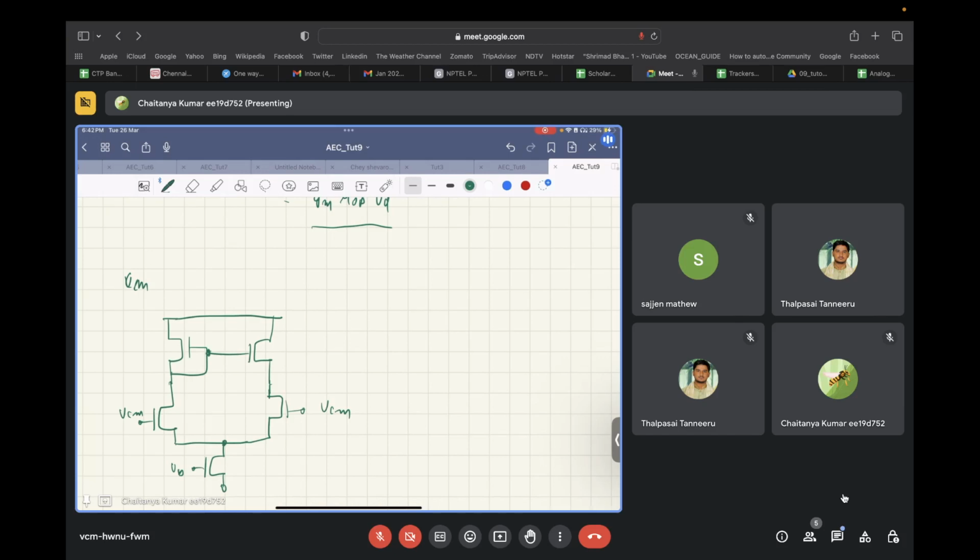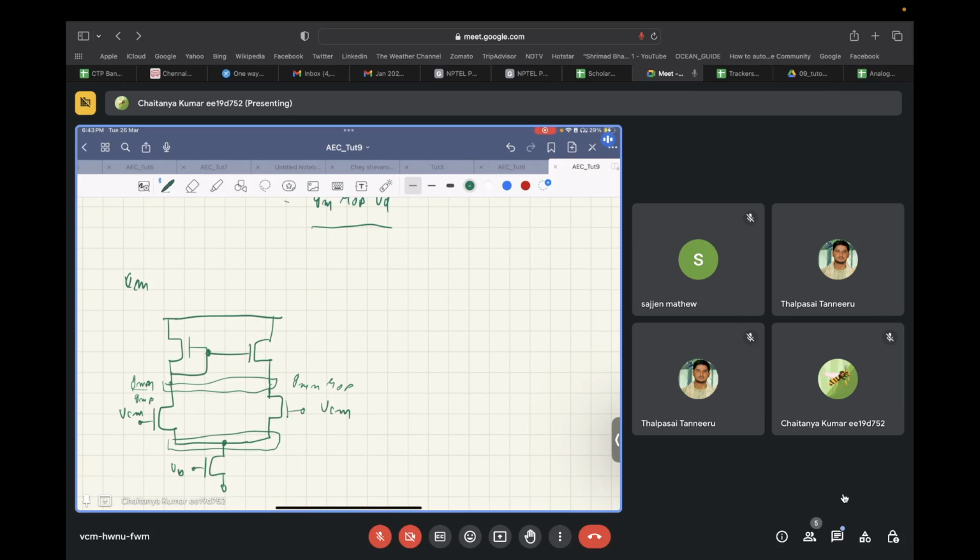So basically, you will be able to join the nodes that are swinging in the same fashion. Now, this node is already joined. Can this node be joined with each other? No, sir. Why? Because here the swing will be basically GMN by GMP, which will be much smaller than the swing over here, that is GMN times ROP. So here you can't basically fold it and make it a differential circuit.